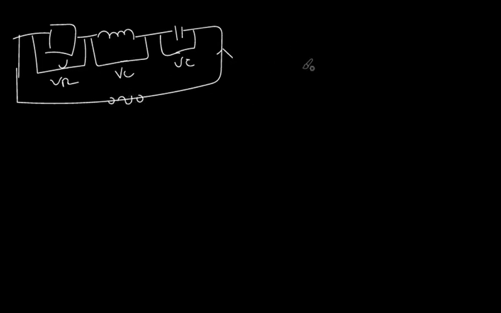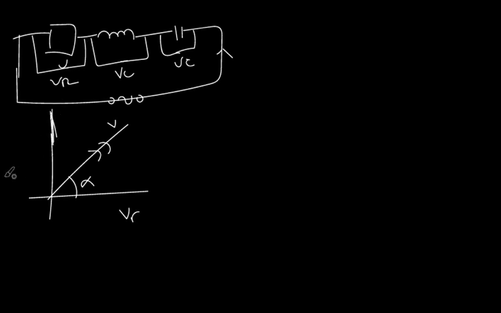Now for this one, the phasor diagram looks like this. We have our resultant voltage, then our phase angle over here. We have our VR, which is that of the resistor, but on the vertical axis we have VL minus VC.